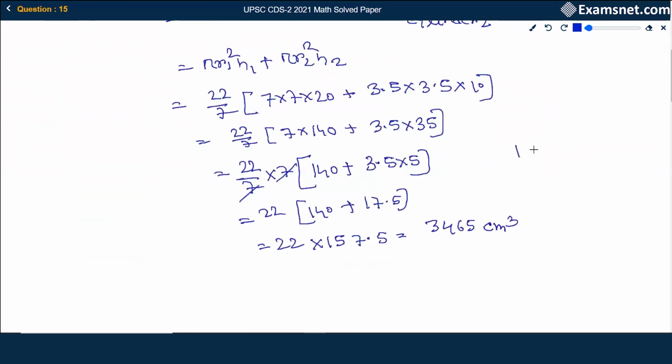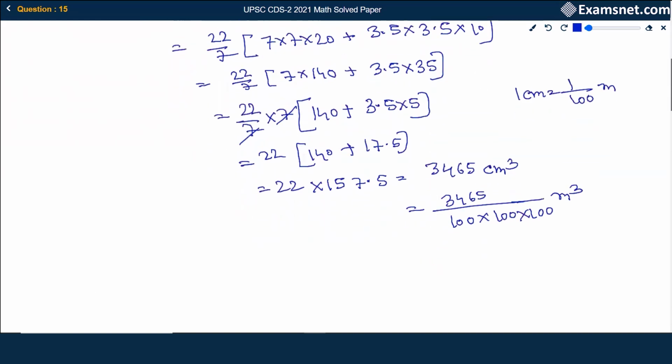So we know 1 centimeter equals 1 by 100 meter. Since this is in centimeter cube, we will divide it by 100 cube meter cube. So this is the volume, right?